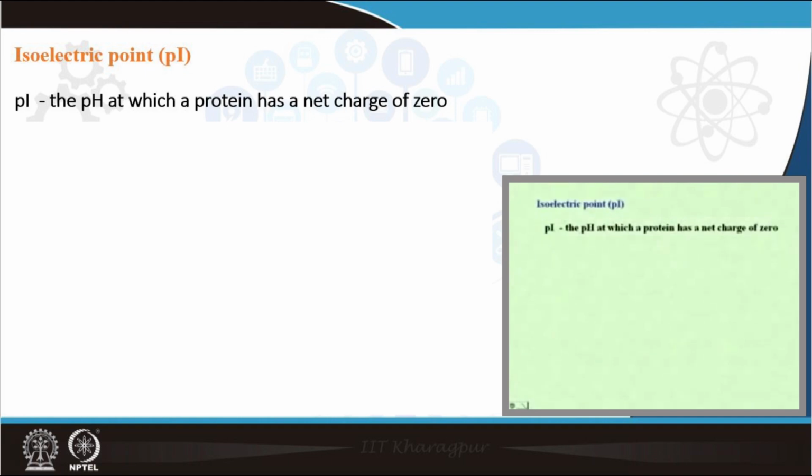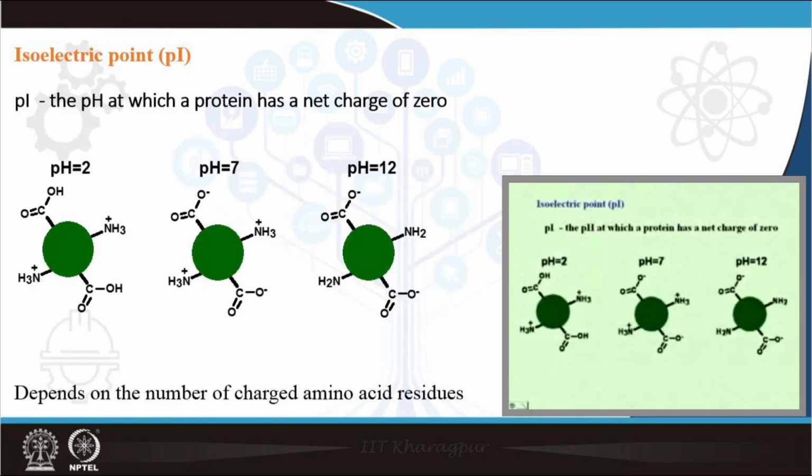Now, what do we mean by the pH at which a protein has a net charge of 0? The protein is going to have a large number of amino acid residues. Some of them may be acidic, some of them may be basic. So, each of them is going to lose its protons at different times. Okay?